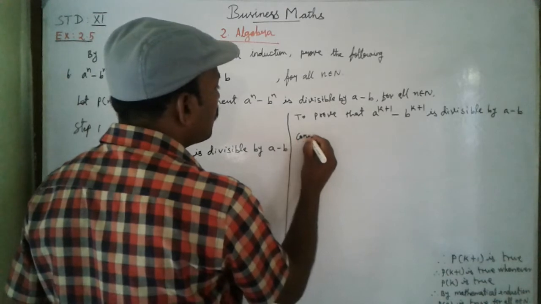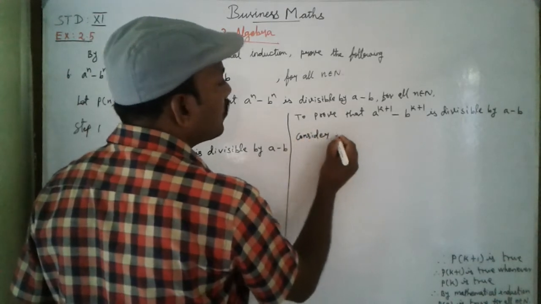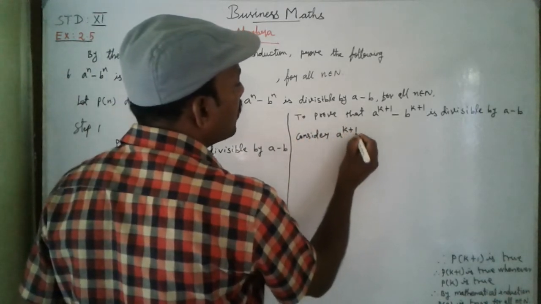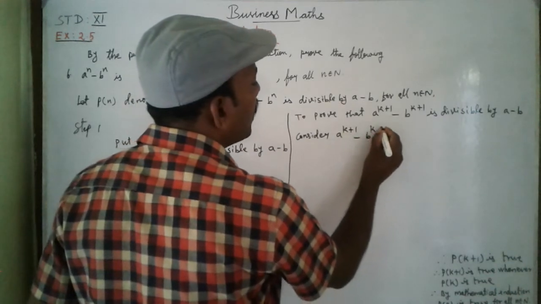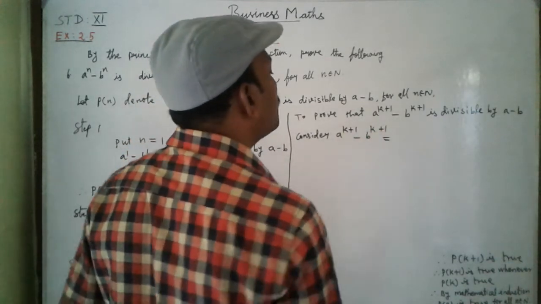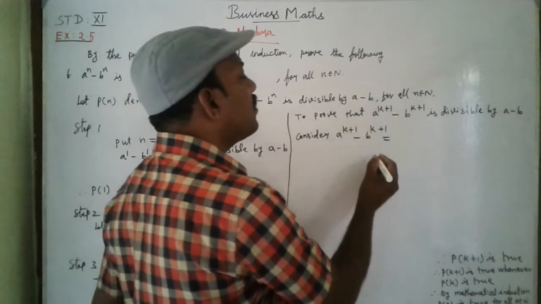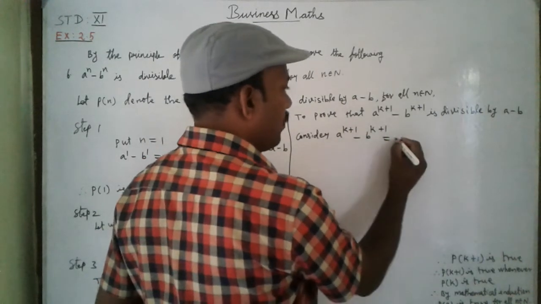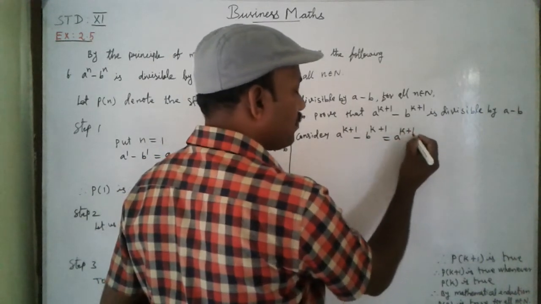Consider a power k plus 1 minus b power k plus 1.